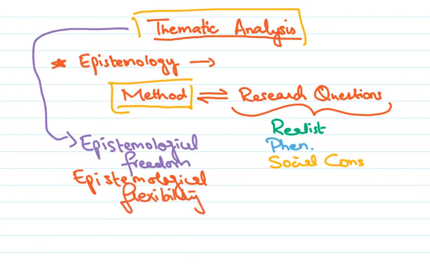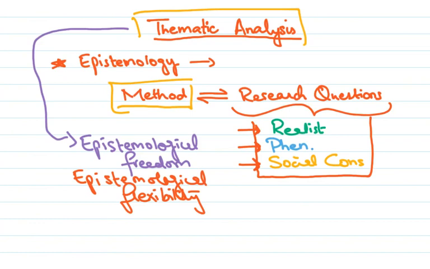Now, initially we said that every method does have some sort of epistemological assumptions, and therefore, not every method will be consistent with research questions that assume a more realist epistemology, or a phenomenological epistemology, or a social constructionist epistemology. So how is it possible that thematic analysis as a method enjoys epistemological freedom?